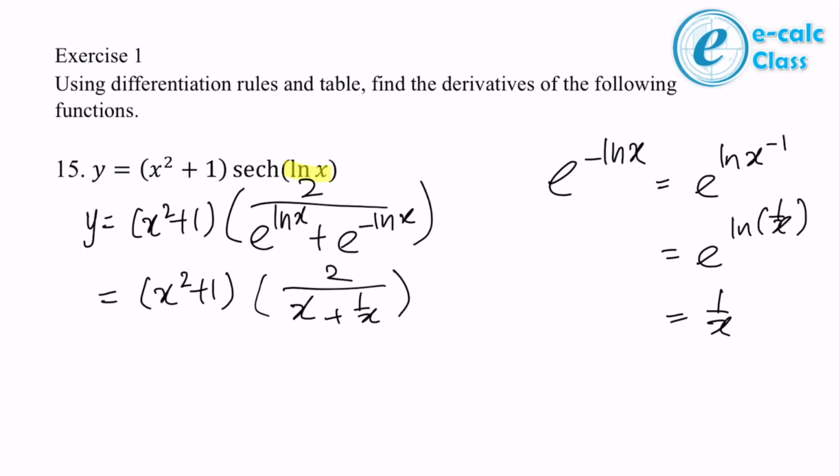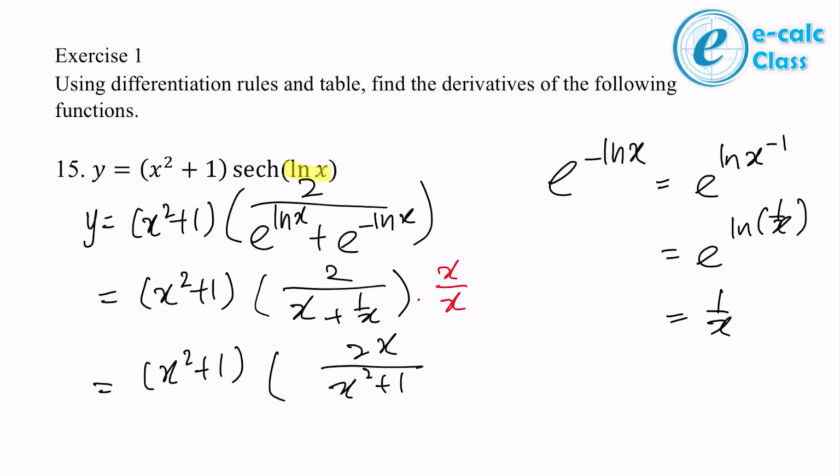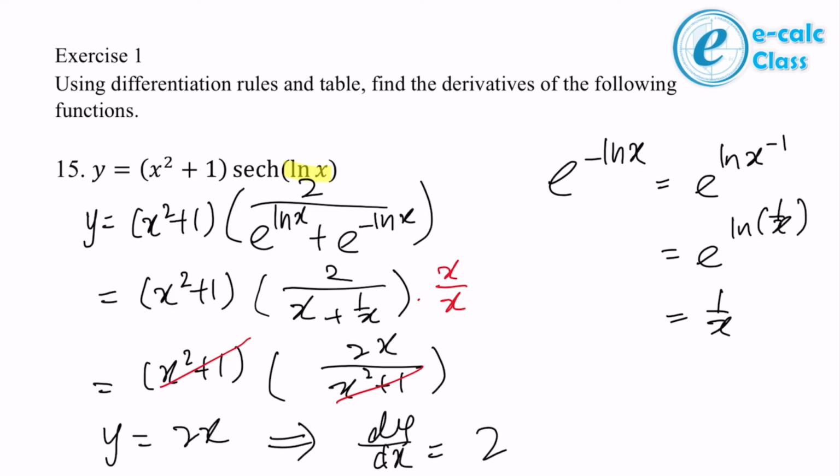But it's not nice, right? So I multiply both top and bottom by x squared plus 1, 2x over x squared plus 1. You see? You can simplify. And y will just be 2x, and your dy/dx is just 2. Finish.